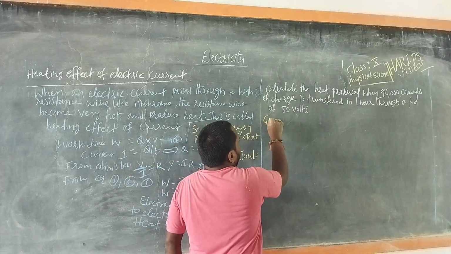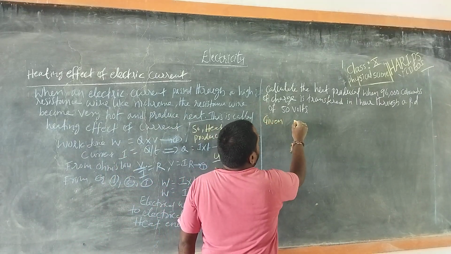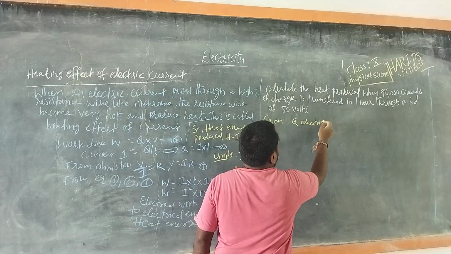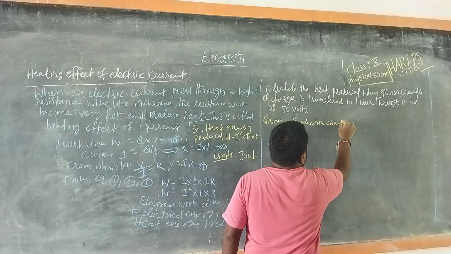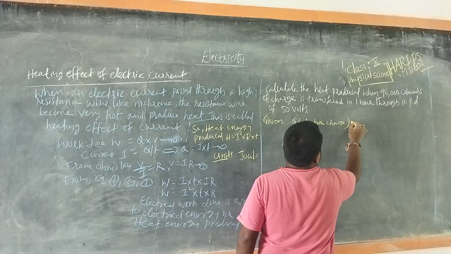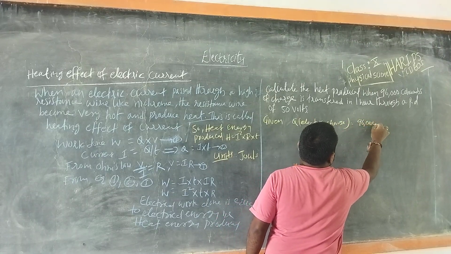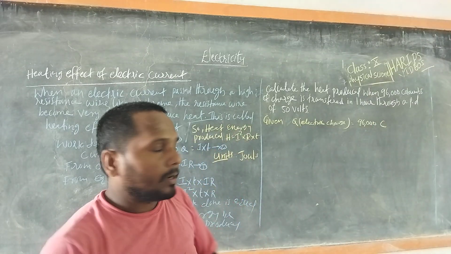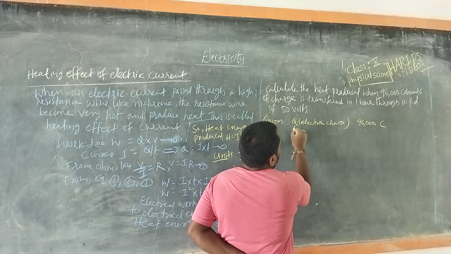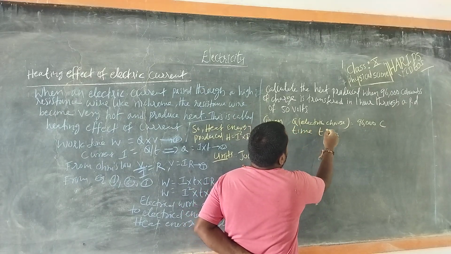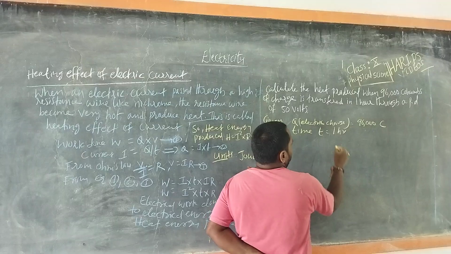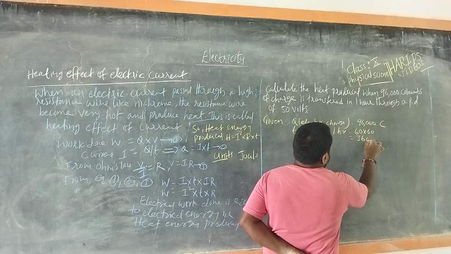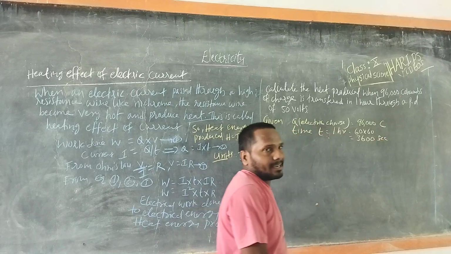So given, Q is the amount of electric charge. Q is equal to 96,000 coulombs. Then time given, T is equal to 1 hour, that is equal to 60 into 60, 3,600 seconds.